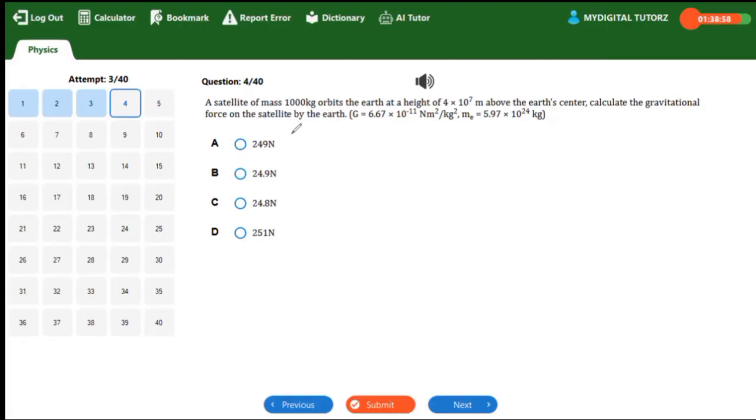I believe you remember this is a gravitational field. So given that mass is equal to 1000 kilogram and the distance, which is height here, is r, 4 times 10 raised to power 7 meter, and that is the mass of the satellite, and the mass of the Earth, according to this, is given to be 5.97 times 10 raised to power 24 kilogram.